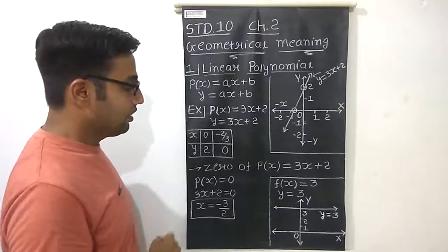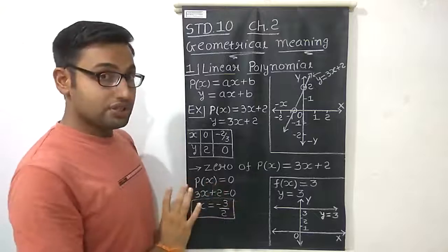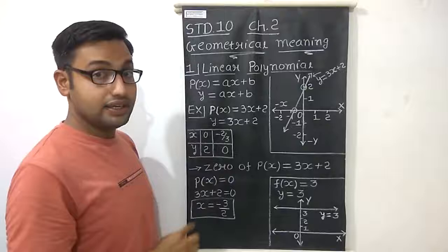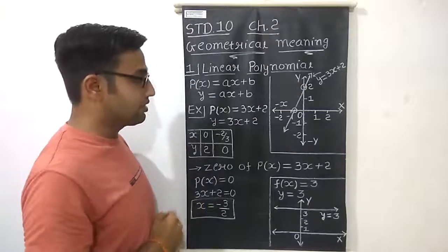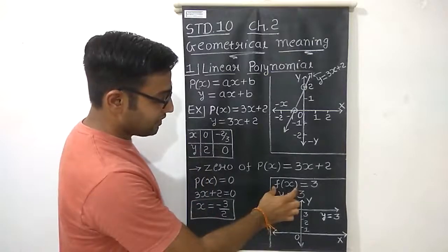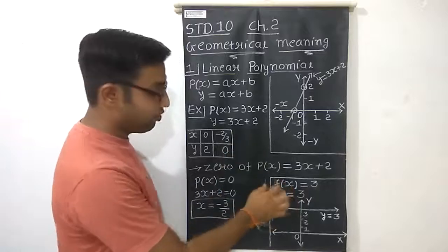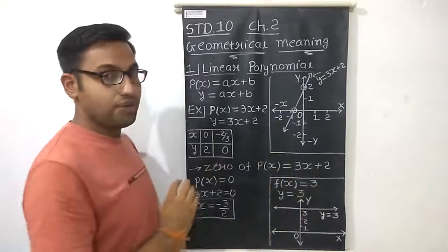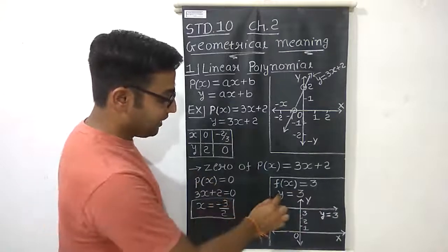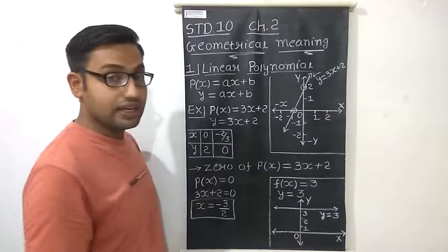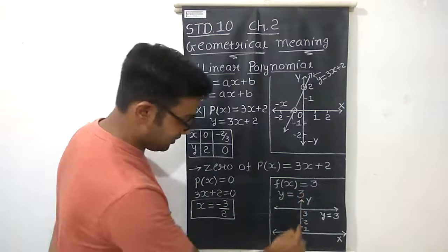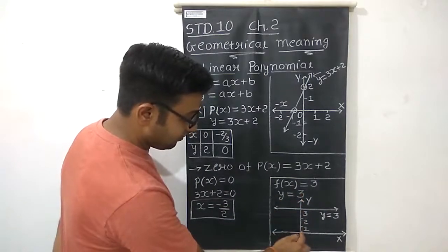Is it possible that the graph does not touch the x-axis at any point? Yes, it is possible. Suppose there is a polynomial f of x equals 3. This is a constant polynomial. Taking y equals 3, the graph of y equals 3 is like this: 1, 2 and 3.